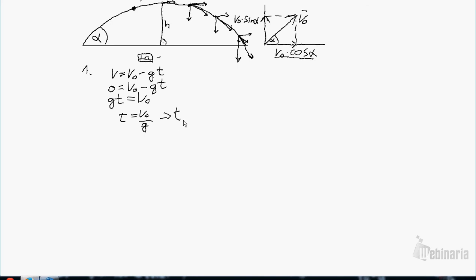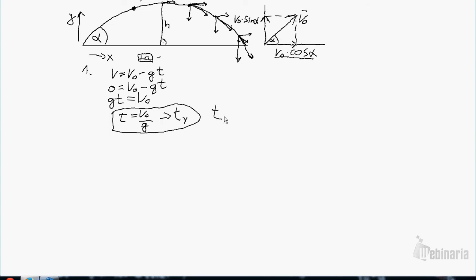Okay, G times T equals V0, so T equals V0 over G, and this is the time which the body, this object, needs to get to the highest level vertically.